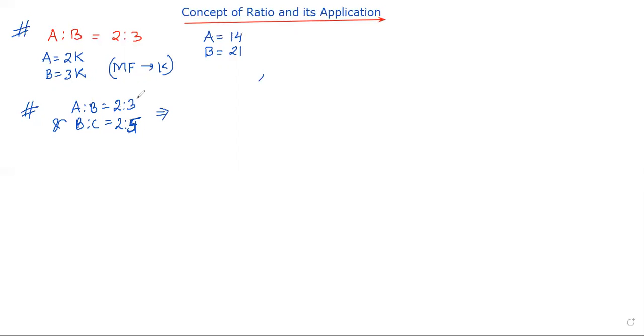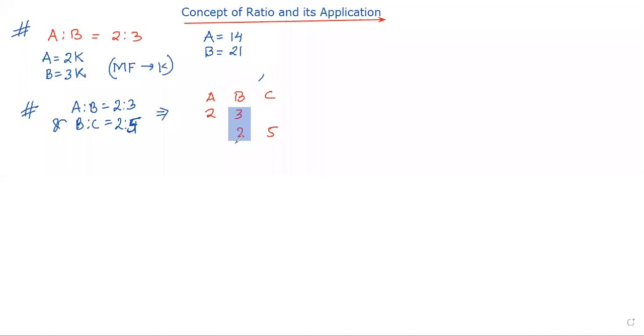I know that I can write it down with some common multiplying factor, but I will prefer to write in this way, to write as little as possible. A and B are given as 2 and 3, and B and C are given as 2 and 5. Now, as I can see in this case, B has two different values in two different cases.